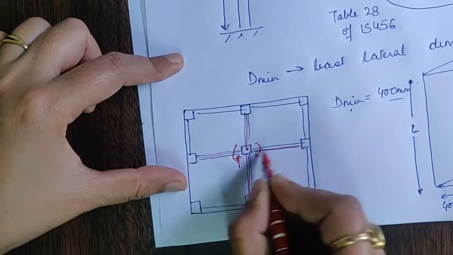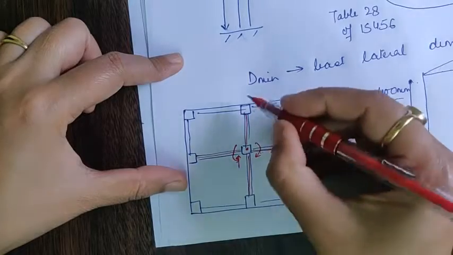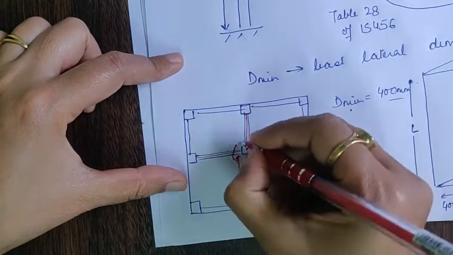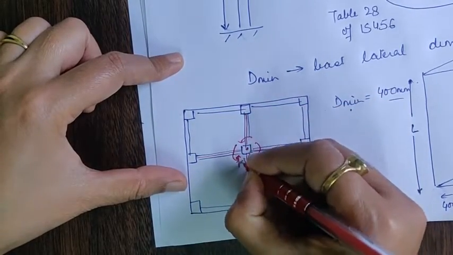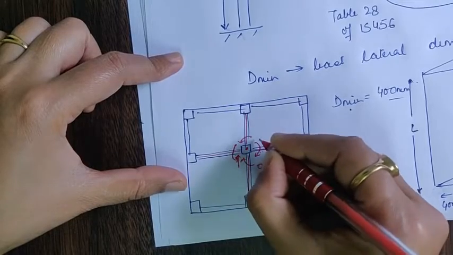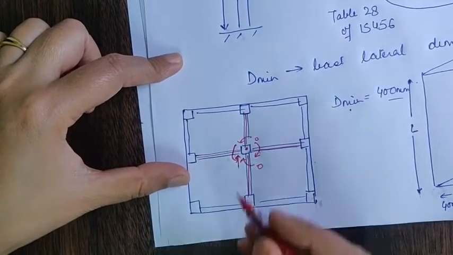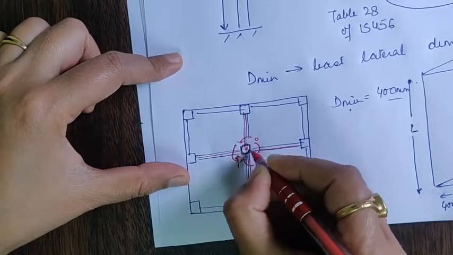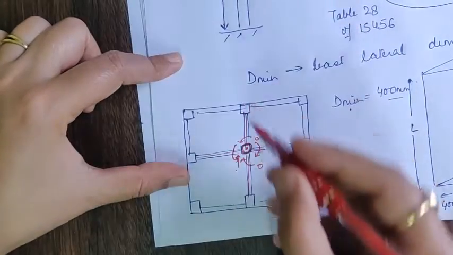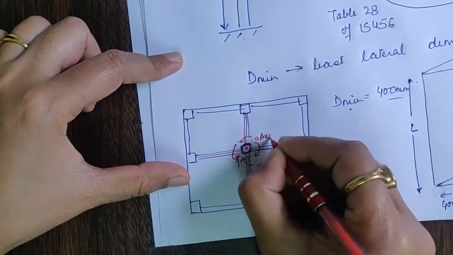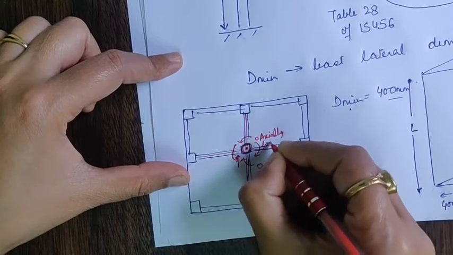The net moment in this direction will be 0. Similarly, the net moment in this direction will be 0. So net moment is 0 in this case. So the interior column is basically considered as an axially loaded column.